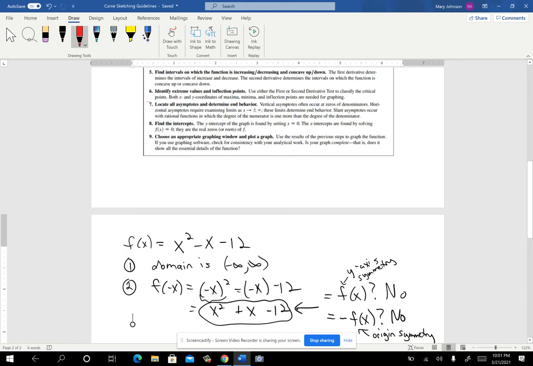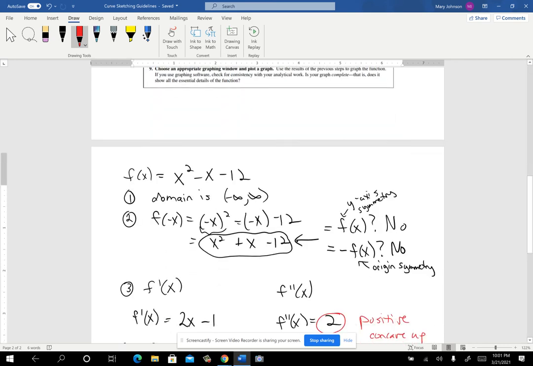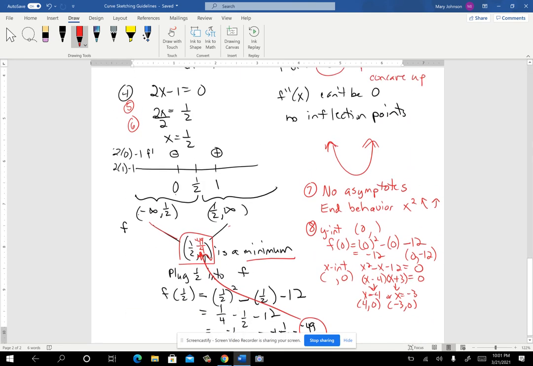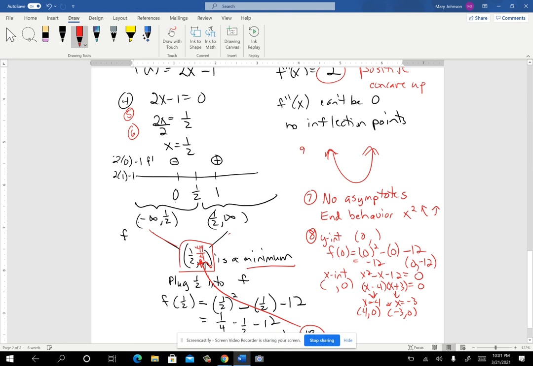We're going to do it by hand, and then you can check by graphing on the calculator. Let me do the graph right here where I already have that. So basically what I know is this is going to be negative 3, and over here is going to be positive 4. So your y-axis is going to do something like that.